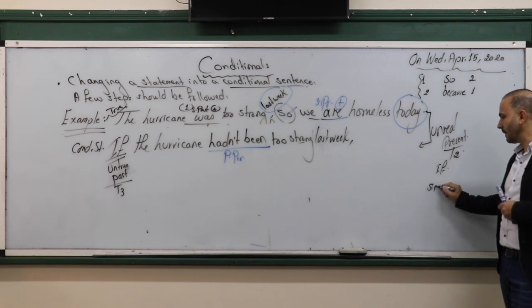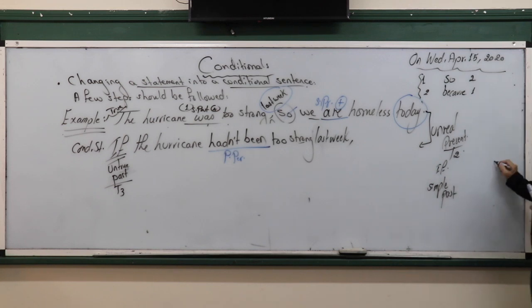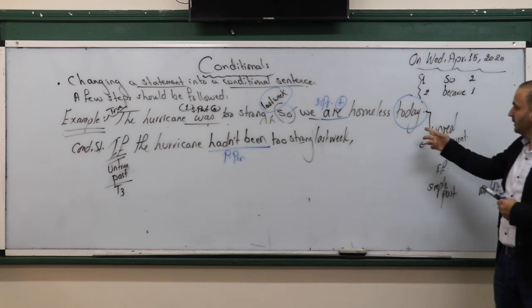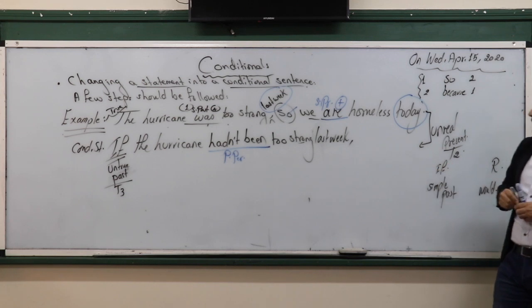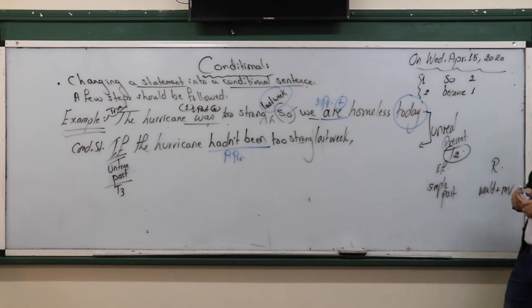Simple what? Past. And in the result clause, we use would or any modal plus the main verb, the original form of the main verb. That's it. So here, present with an if clause unreal. So here we are going to move to type 2. We are moving to type 2.